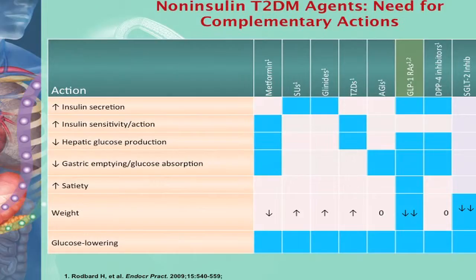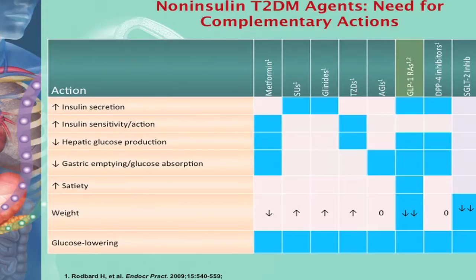We want to reduce the workload of beta cells, and therefore we reduce gastric emptying rates and glucose absorption rates, shut down fasting hyperglycemia by turning off the liver's ability for gluconeogenesis, and then, of course, increase insulin, both secretion and action. None of these drugs is capable of doing all that stuff by itself. And so the complexity of diabetes means that we're going to depend on complementary actions by a number of these agents, many of which only do one or two things.